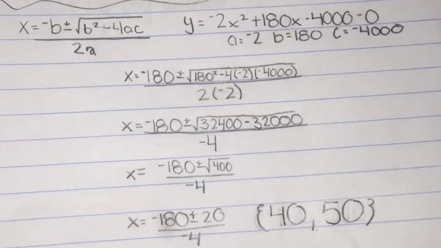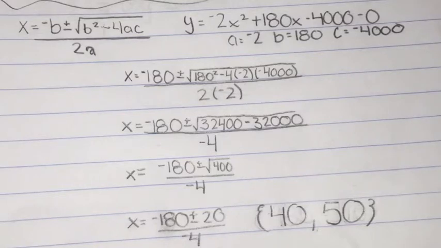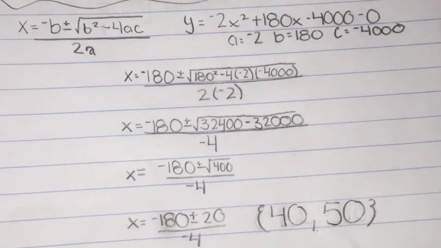Now that I have gotten the variables out, I can plug in, which should look like x equals negative 180 plus or minus the square root of 180 squared minus 4 times negative 2 times negative 4,000, divided by 2 times negative 2.